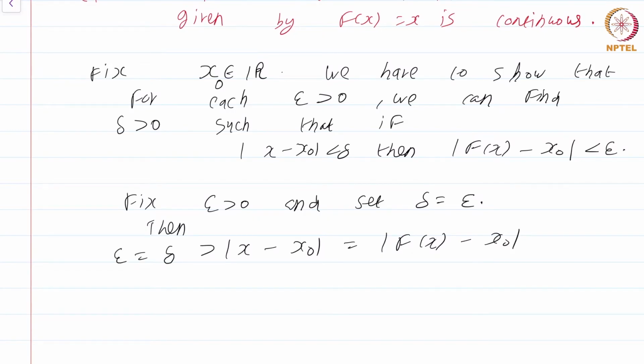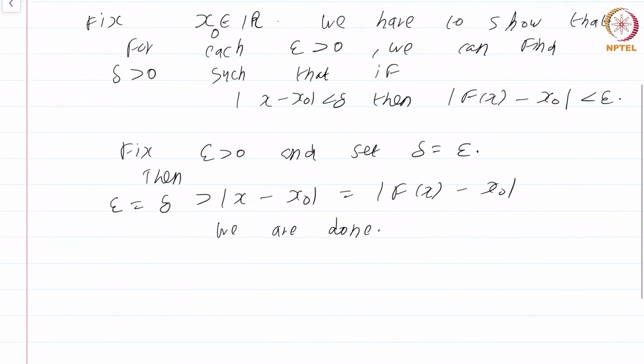So mod f of x minus f of x naught is less than epsilon, and we are done. That was fairly easy because the choice of epsilon directly gave the choice of delta without any additional work.